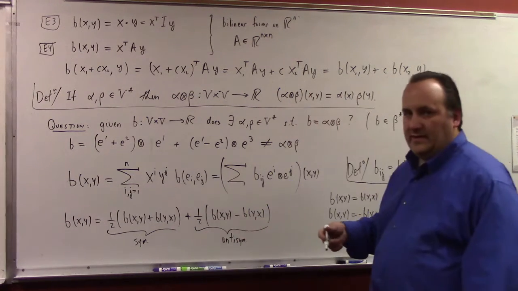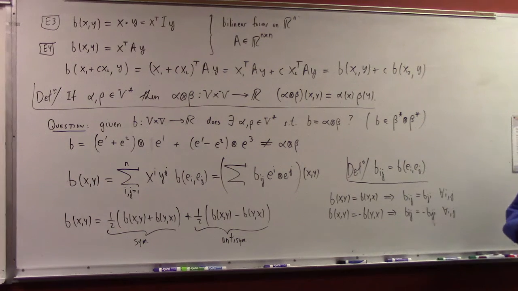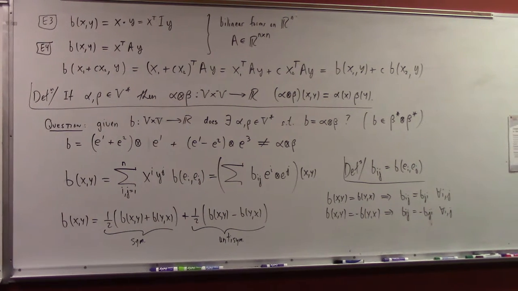That shows that any bilinear form can be decomposed uniquely, in fact, into a sum of a symmetric and an antisymmetric bilinear form. Enjoy this. Appreciate it while it lasts, because this is the last time this happens ever.